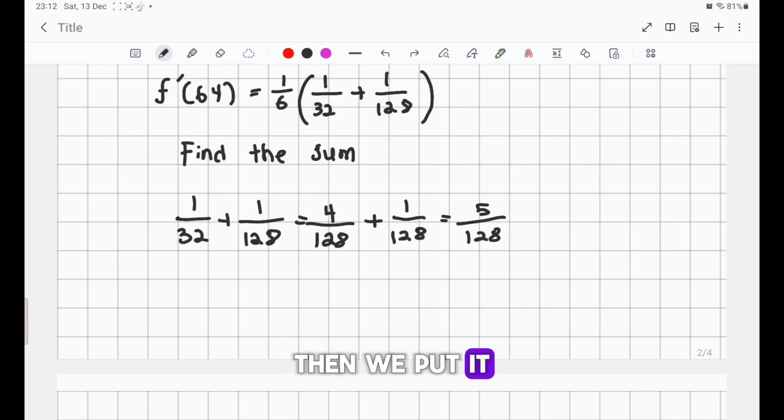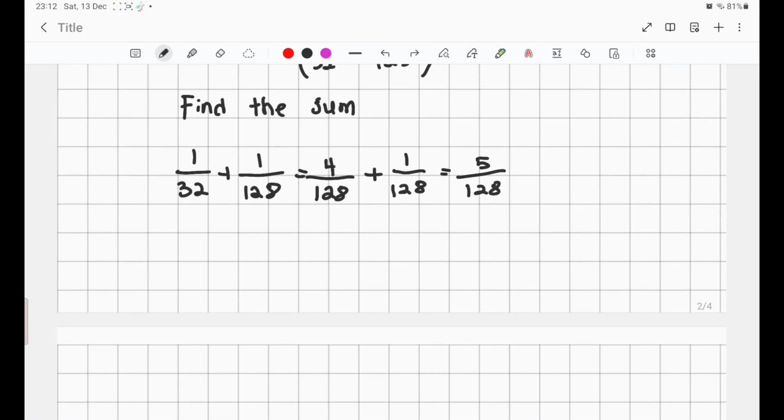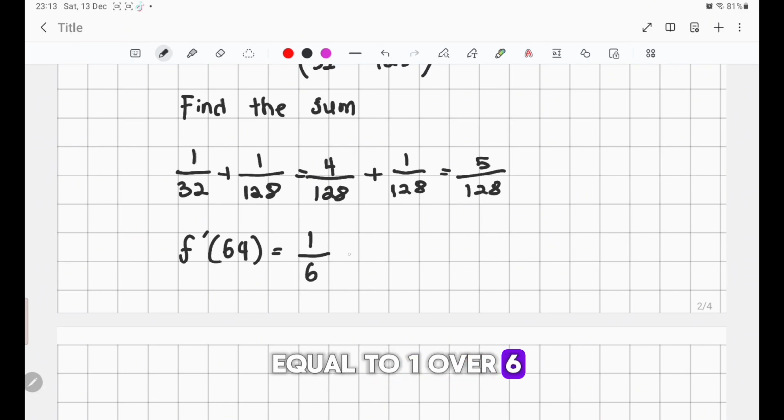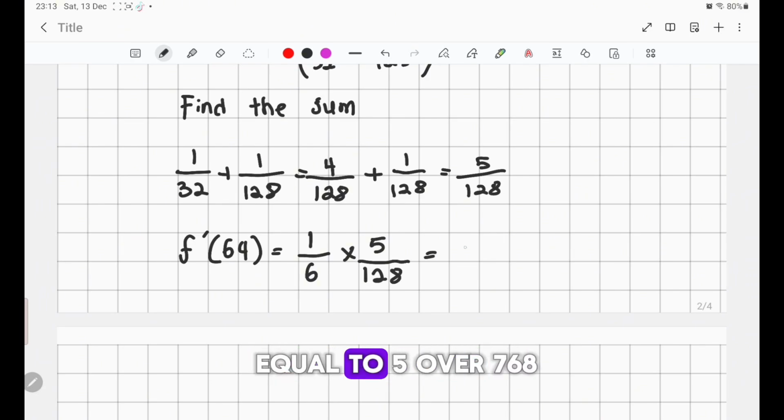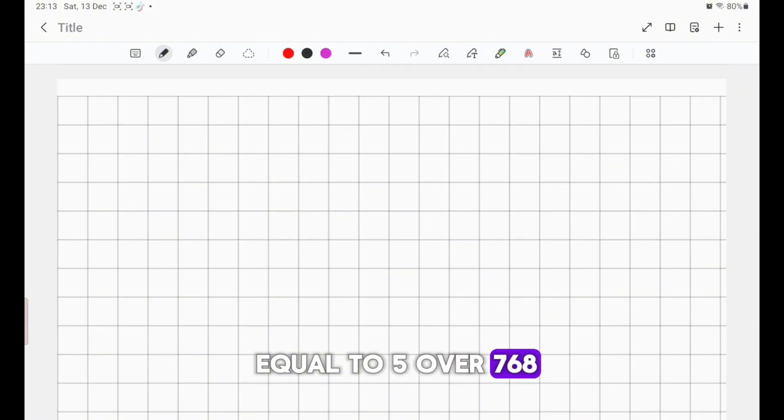Then we put it back into the function. After we put it in the function, we will get f prime of 64 equal to 1 over 6 dot 5 over 128, equal to 5 over 768.